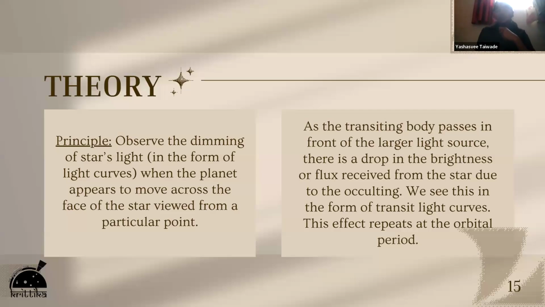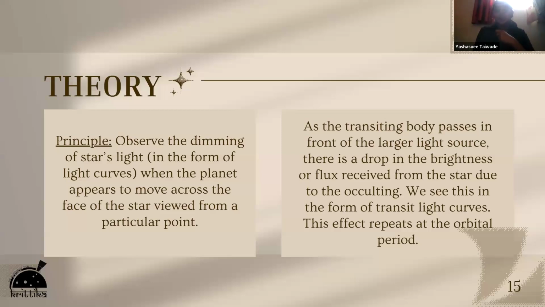Now, this light can be blocked for a number of reasons, but how we confirm that it is an exoplanet is something that you will learn further ahead, maybe in the next session. As a transiting body passes in front of a larger light source, there is a drop in brightness, or the flux which we receive from the star.